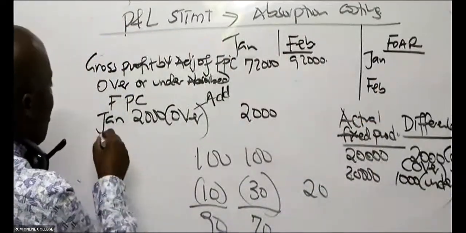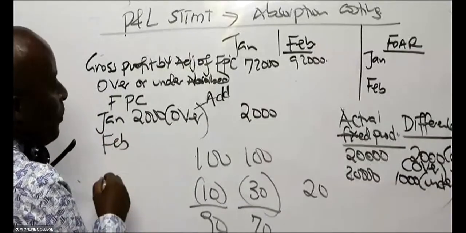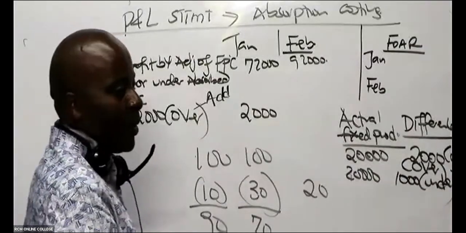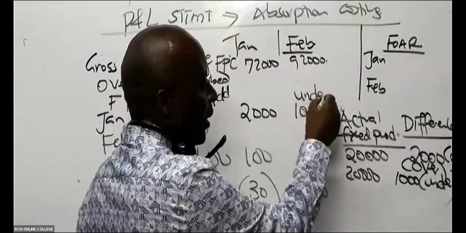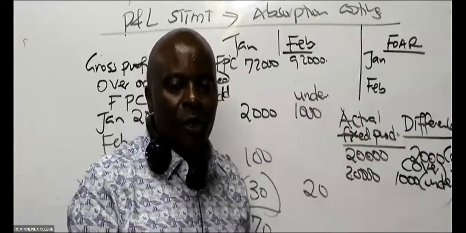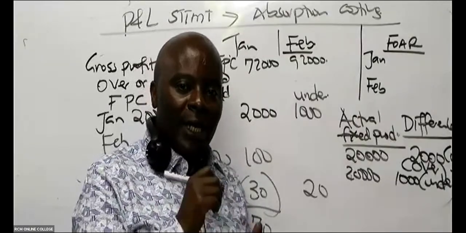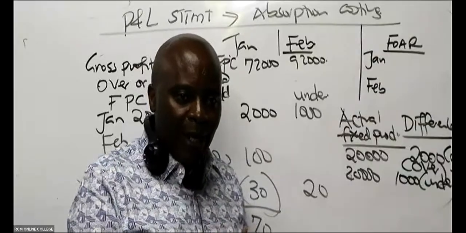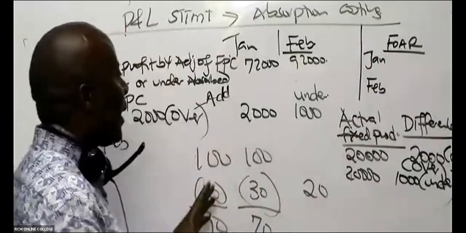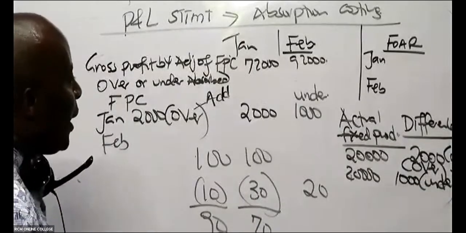And then now we have February. So February, how much? February is 1,000. And it is what here, somebody? It is under, isn't it? So whenever an expenditure is understated, what does that really mean? Ladies and gentlemen, when it is under like this, what shall we do at the end of the day?